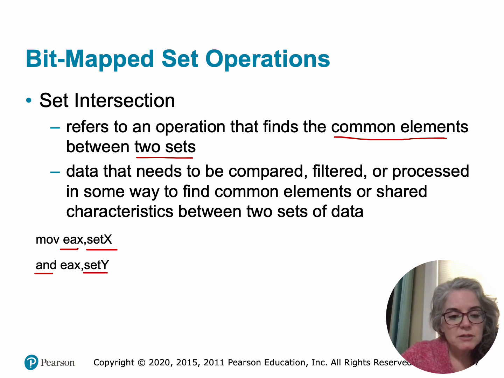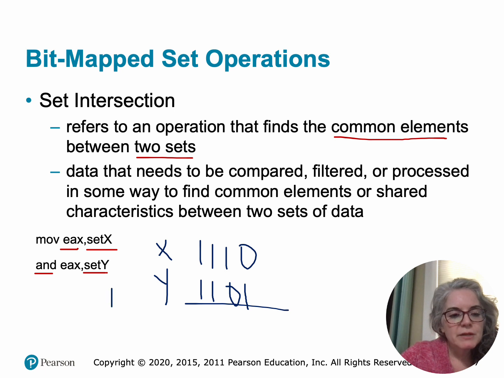So just as a review, here's an example. Let's say that set X was 1, 1, 1, 0, and set Y was 1, 1, 0, 1, and we do an AND.